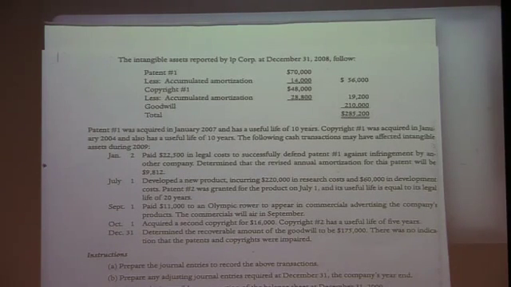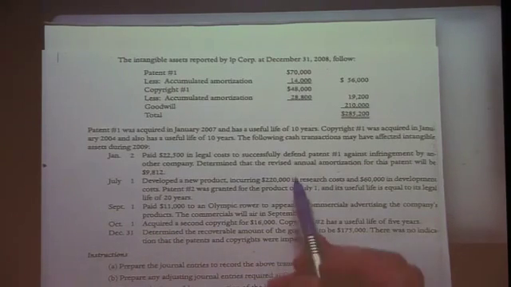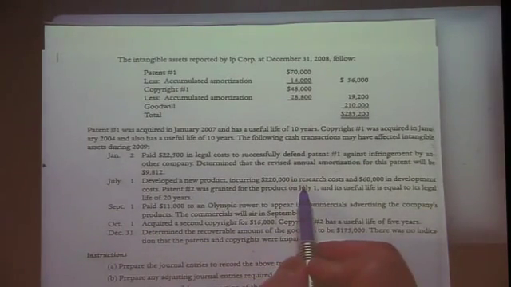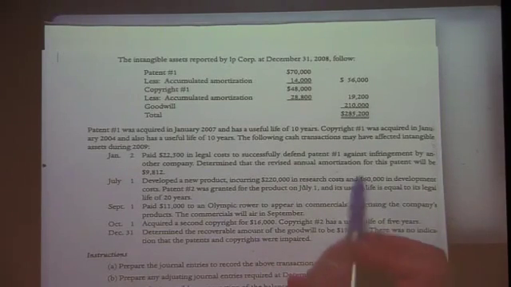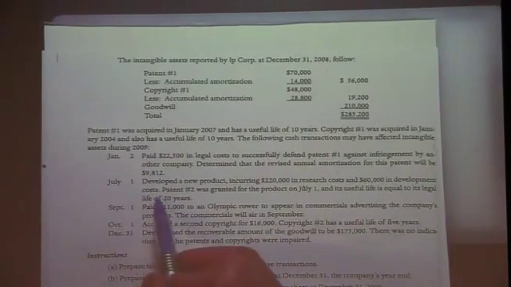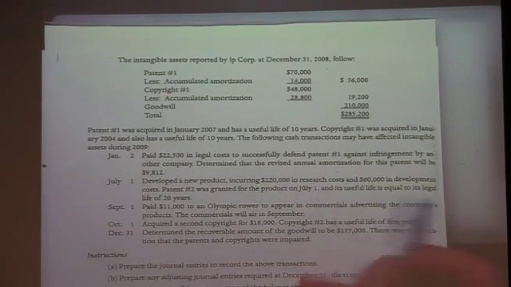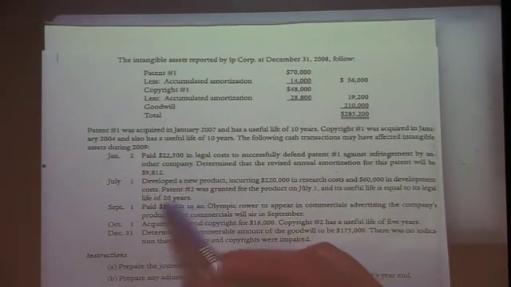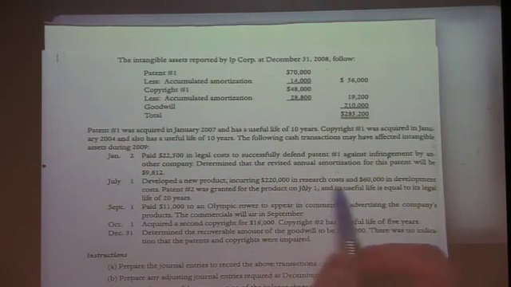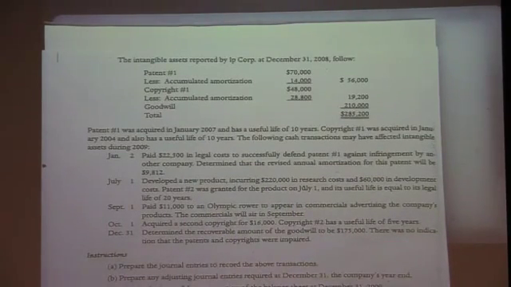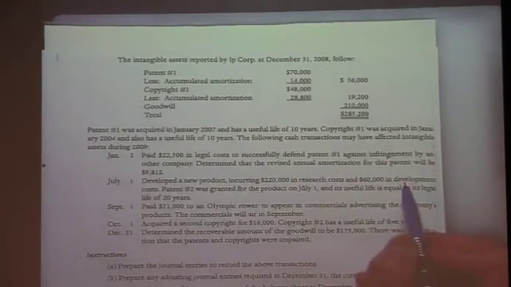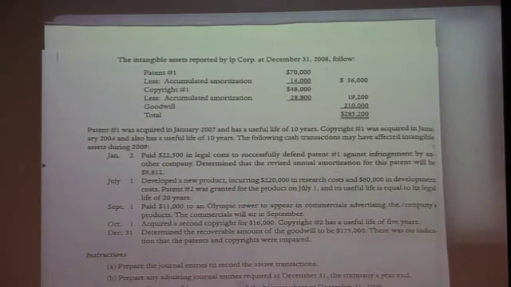Now, on July 1st, we develop a new product. We incurred $220,000 in research and $60,000 in development costs. Patent 2 was generated on July 1st, and the useful life equals the legal life of 20 years. Now, there's a couple of interesting costs that they've incurred: research and development cost. Normally, research is expensed.